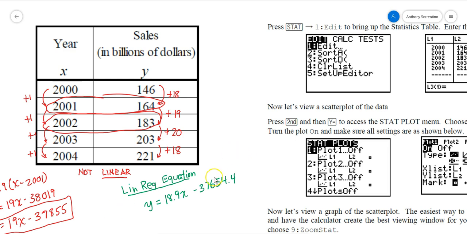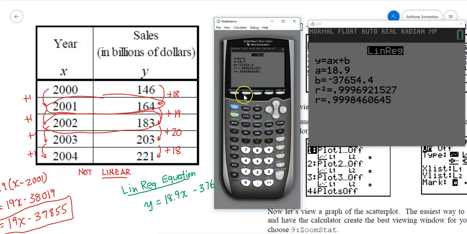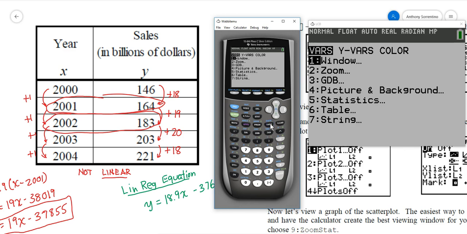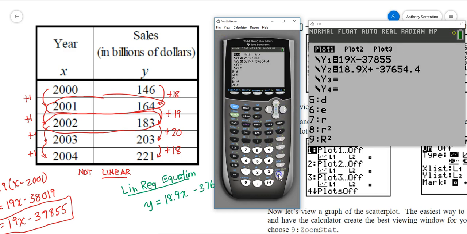But one of the cool things about doing it the way I had, going back to this, is if I go back to y equals, you're going to see that the regression equation has been stored there. My other option, just to show it, is that I also could have gone to variables, under statistics, 5, and under equations, the very first one says regression equation, and it would have popped up the same thing anyway.